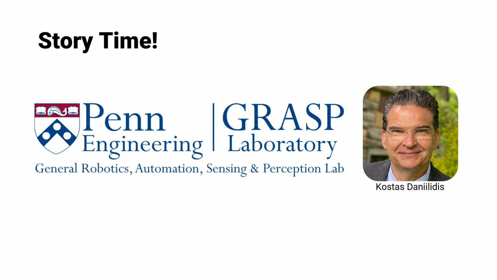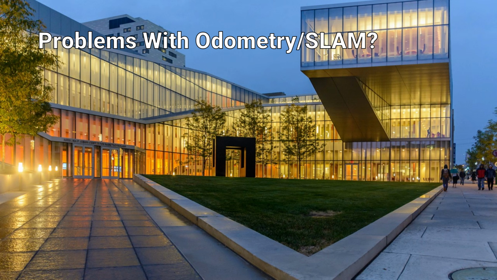A little bit of a story time. When I was a master's student in 2015 at UPenn in the GRASP lab with Professor Kostas Daniilidis, I was working on this problem of getting visual odometry or doing SLAM, and the challenge for me was to do SLAM in this glass building. This is the Singh Center for Nanotechnology, which is a part of UPenn, and this building is beautiful to look at, but it's a nightmare for people to work with on visual SLAM.